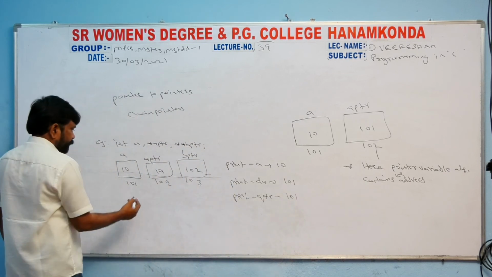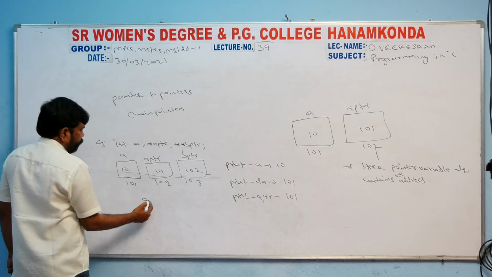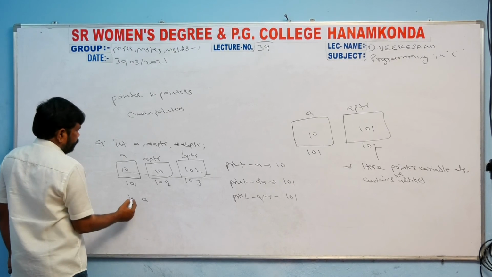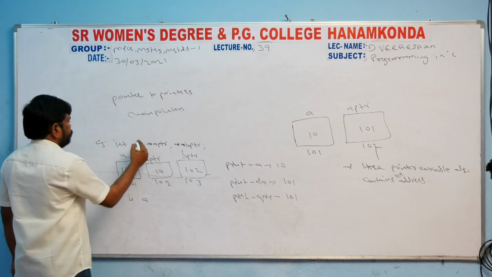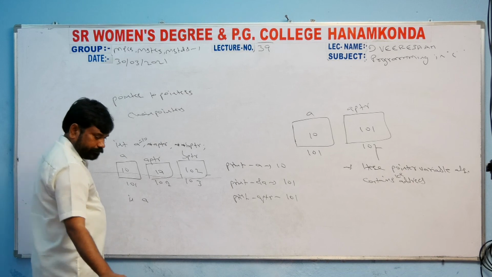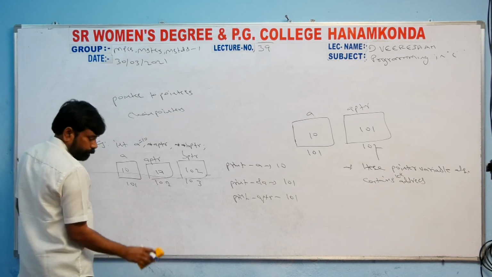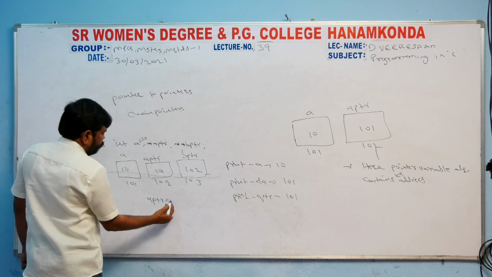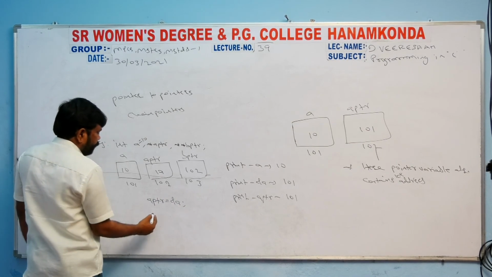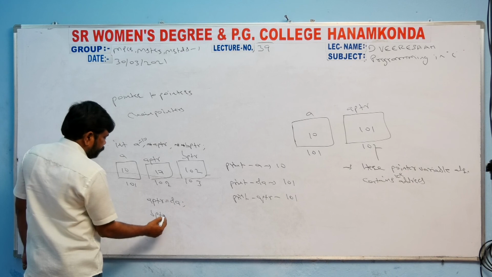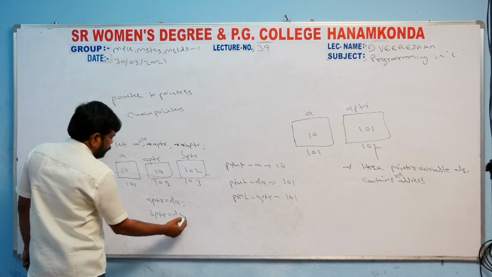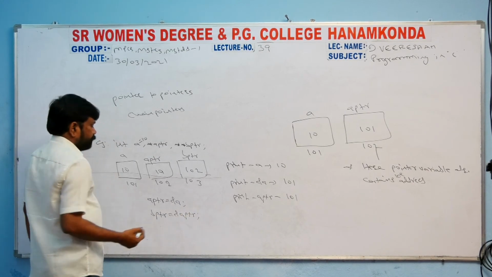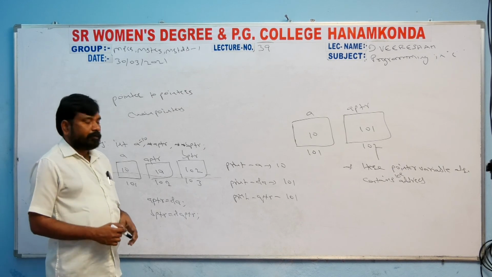Okay, you have to write the expression like this. Integer A is equal to 10. You have to write like this: A pointer is equal to address of A. Then you have to write B pointer is equal to address of A pointer. This is the statement.